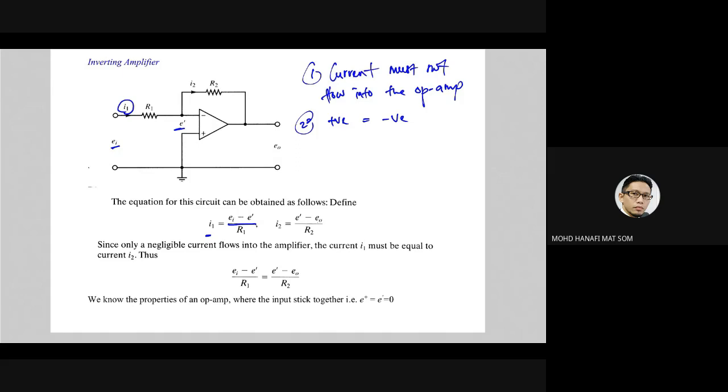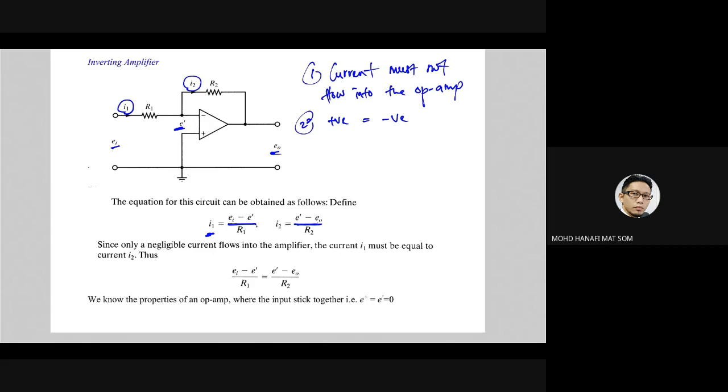Next, we want to find the current I2. For I2, we have the potential difference across R2, between E prime and E naught. So I2 equals E prime minus E naught over R2.